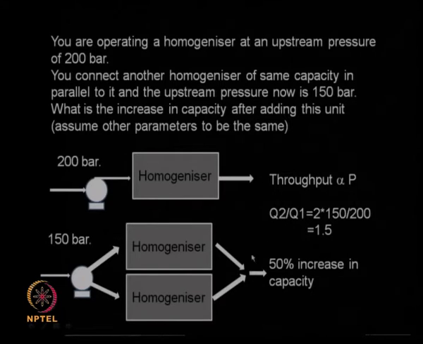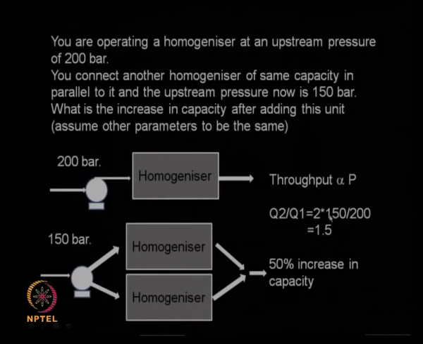So Q2, the capacity of this particular system, divided by Q1 will be directly proportional to pressure. I have put 150 bar because that is the pressure here, I have put 200 bar because that is the pressure here, and then I have put in a multiplication of 2 because there are two homogenizers in parallel.